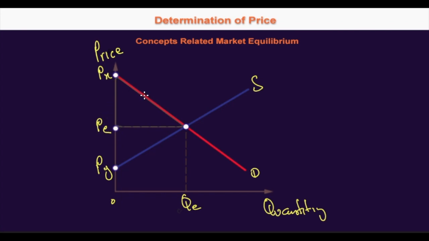Some consumers are prepared to pay more at this quantity, but they will be paying the equilibrium price. So anything above the equilibrium price is known as the consumer surplus. So this area here would be consumer surplus. They are prepared to pay a higher price, but actually they are paying the equilibrium price. So this is the benefit that they are getting.